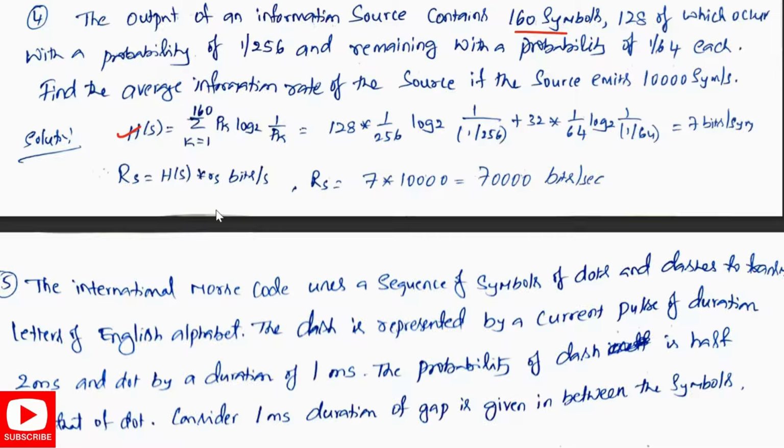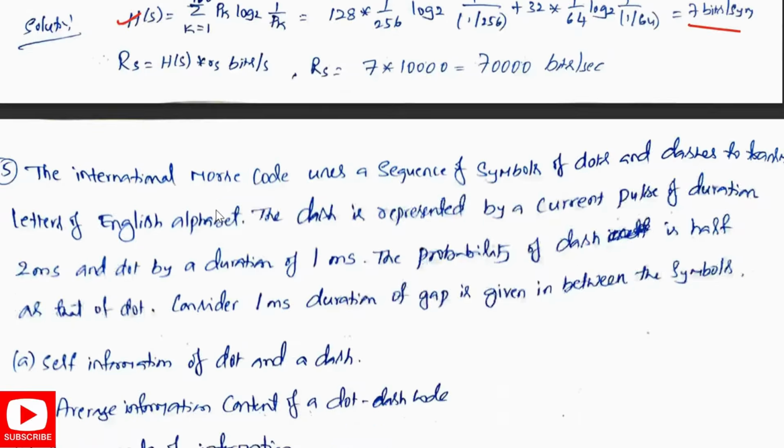Using that, solve for 128 and for 32, then add them, and you get the answer. And finally R_S, you need to multiply the obtained value with 10,000, that is 7 into 10,000.